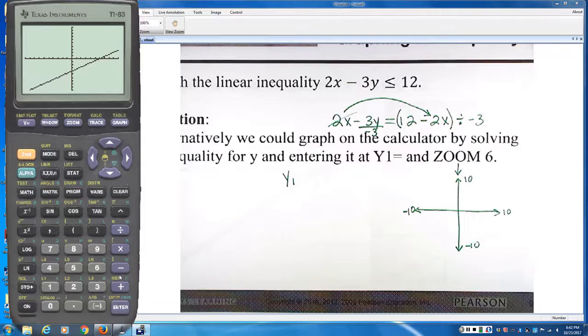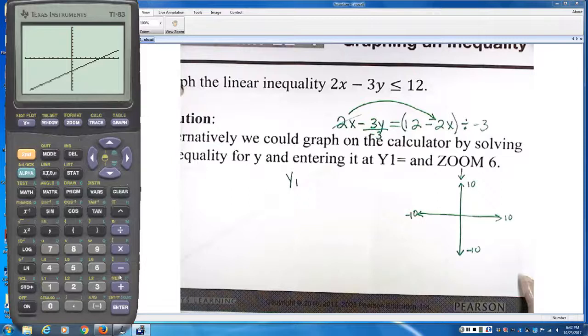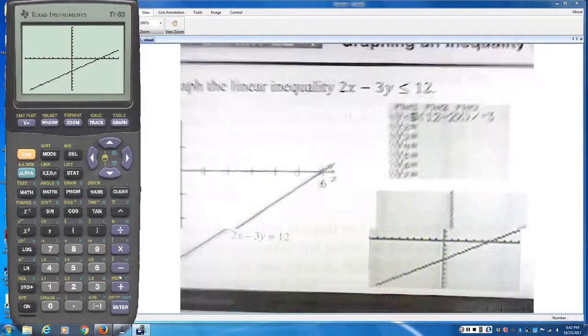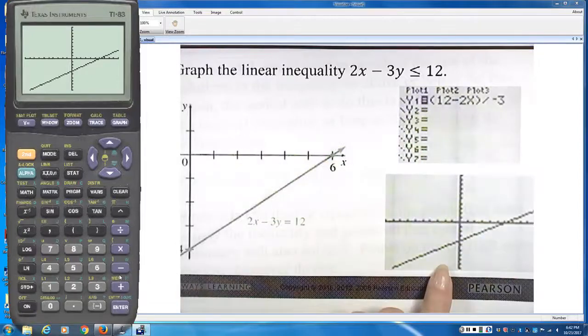And if you notice, my graph grid looks pretty much on my calculator like what my graph did that I drew by hand. So this is the graph by hand, but that's the graph on the calculator.